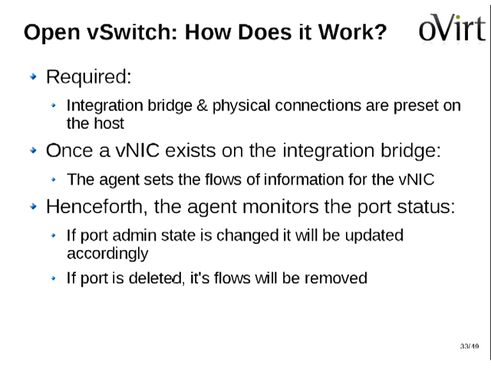First of all, there's a requirement in OpenVSwitch that the administrator has to create one vSwitch bridge that's called the integration bridge, and this is the bridge that all the VMs connect to, okay?